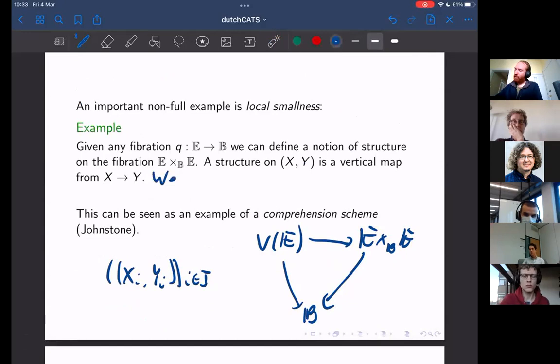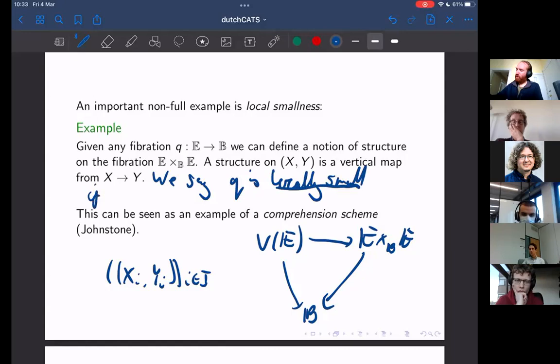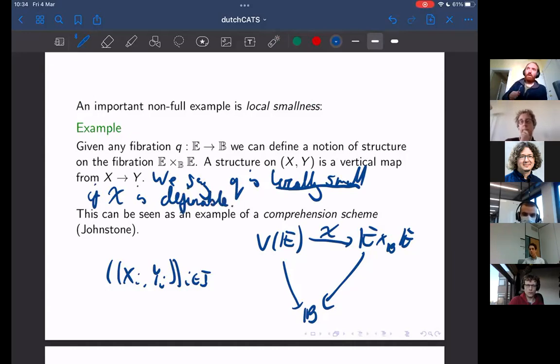So we say that Q is locally small if chi is definable.